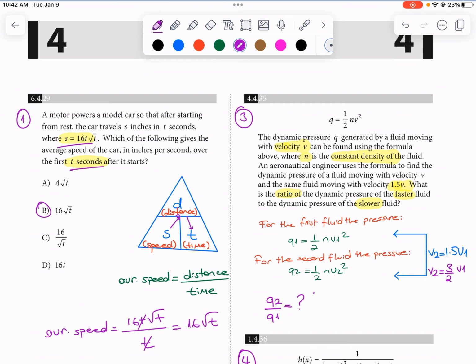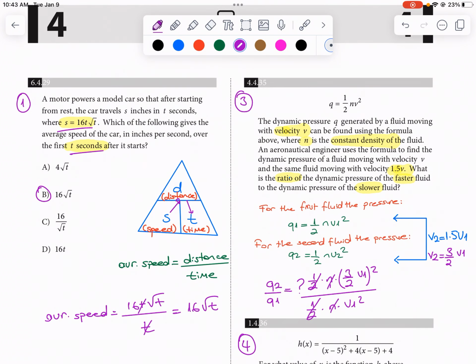So Q2 is going to be 1 over 2 times N times 3 over 2 V1 squared, and then the first one is 1 over 2 N times V1 squared. 1 over 2 and 1 over 2 cancel out each other, and simplified, 3 over 2 squared is 9 over 4 V1 squared times 1 over V1 squared. V1 squared cancels out, and the solution is going to be 9 over 4 for the ratio of the dynamic pressure of the faster fluid to the dynamic pressure of the slower fluid. Q2 over Q1 is 9 over 4.